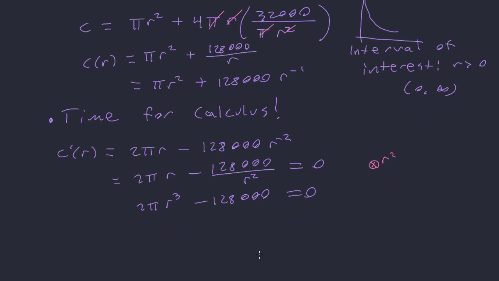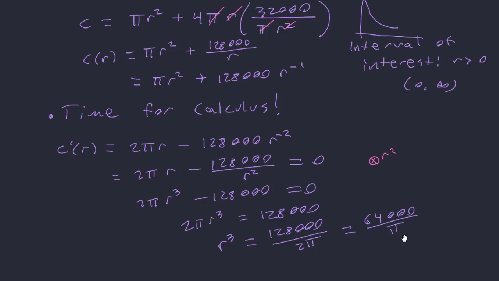We'll move that 128,000 over to get 2 pi r cubed is equal to 128,000. And so r cubed is 128,000 divided by 2 pi. Ugh, so that is kind of gross. And this just goes to show that these things don't always come out to be nice.